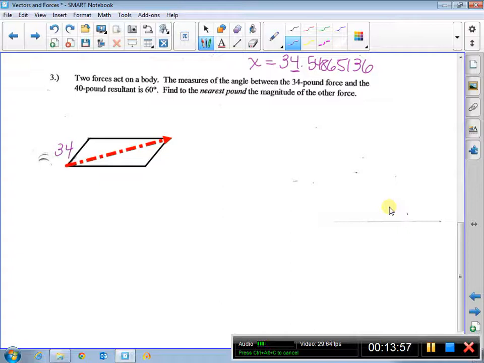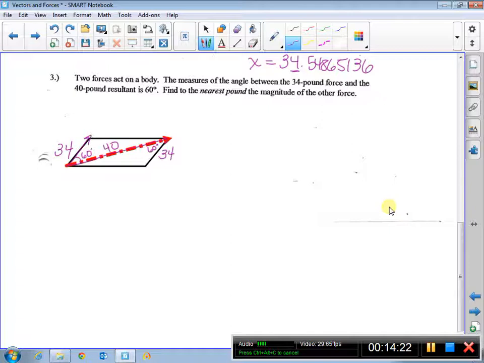That's going to be our first force. The measure between that force and the 40-pound resultant, so we'll label that with a 40, is 60. This angle is 60. All right, so we know that the alternate interior is also 60.